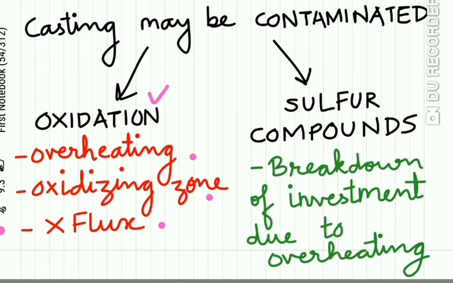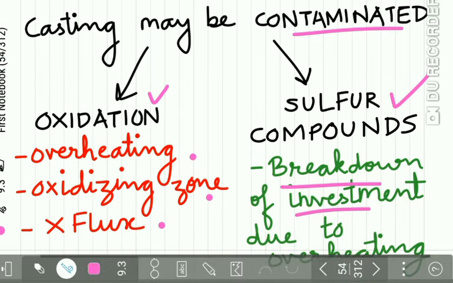And contamination may also occur due to release of sulfur compounds. If you heat the casting ring to a very high temperature, there is breakdown of the investment material, which releases sulfur compounds and cause contamination of the casting.